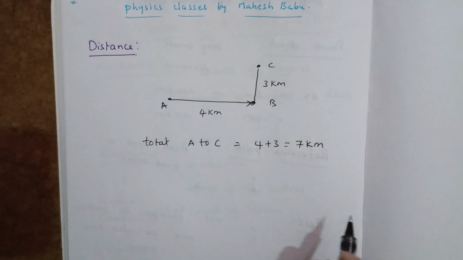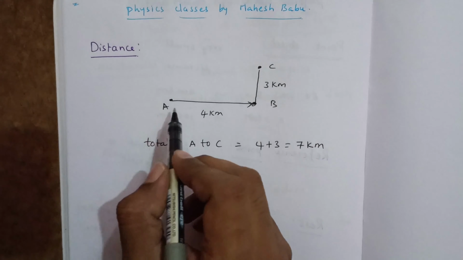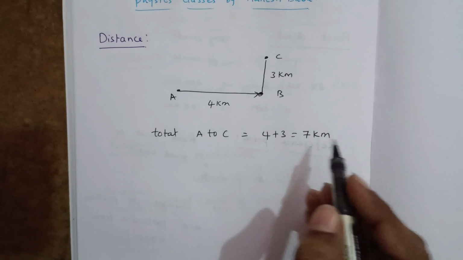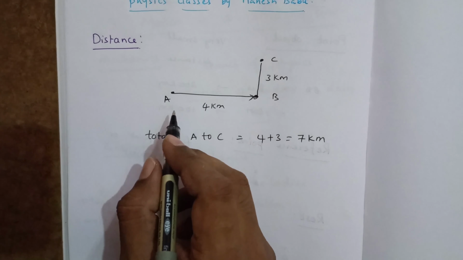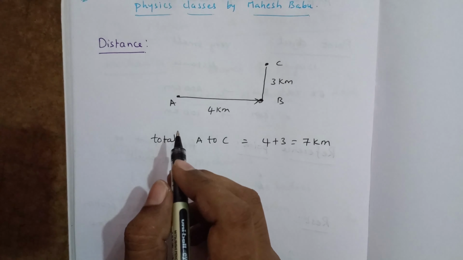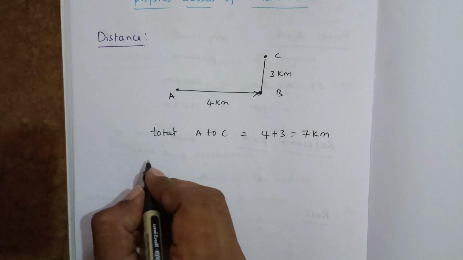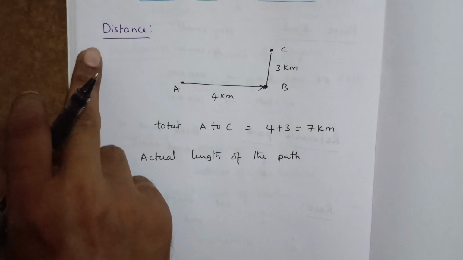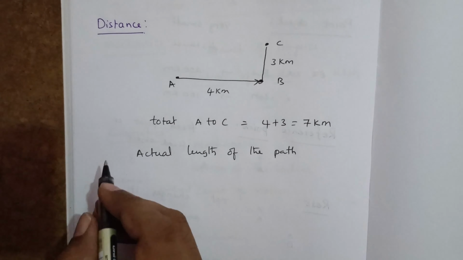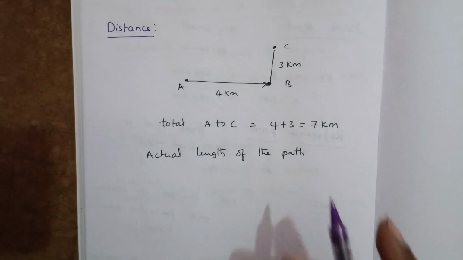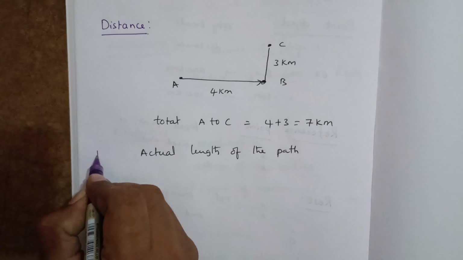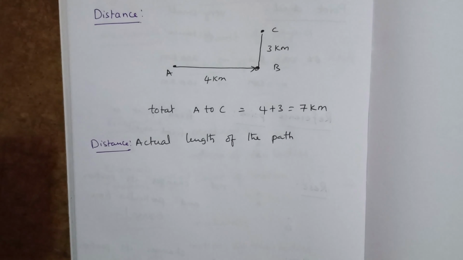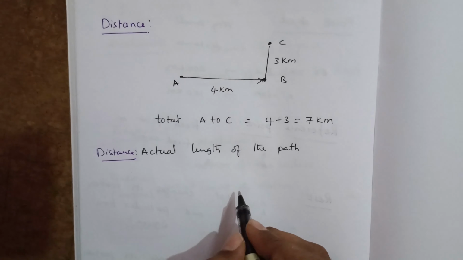Irrespective of direction. Here, did we consider any direction? What is the path they followed? The actual length of the path covered by the body is known as distance. Distance is the actual path length.